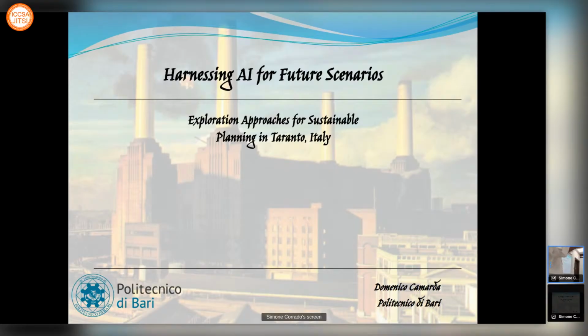I come from the spatial planning sector, the development of areas in industrial crisis. Taranto is one of them. And at the crossroads with the study on modeling approaches to support decision making, we let this development project be actually activated.